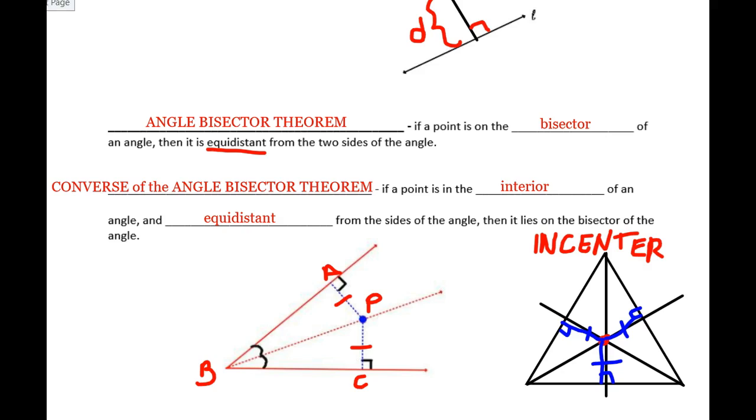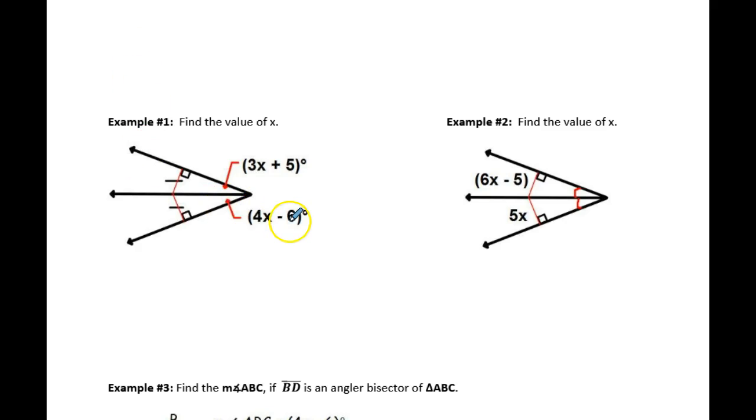Alright, let's do some examples. So, in example 1, we have been given that whatever point this is, it is the same distance from both sides of the angle. What that means is it lies on the angle bisector.